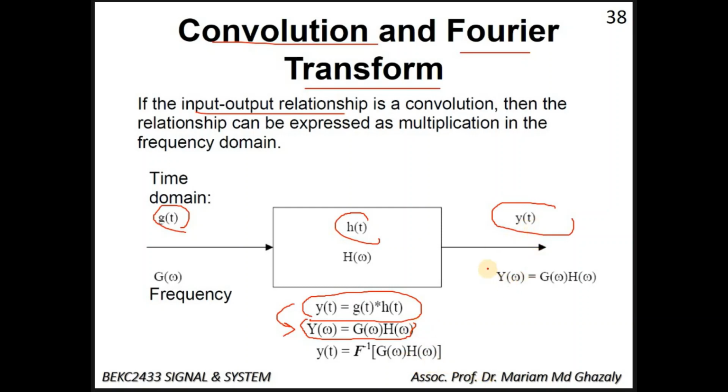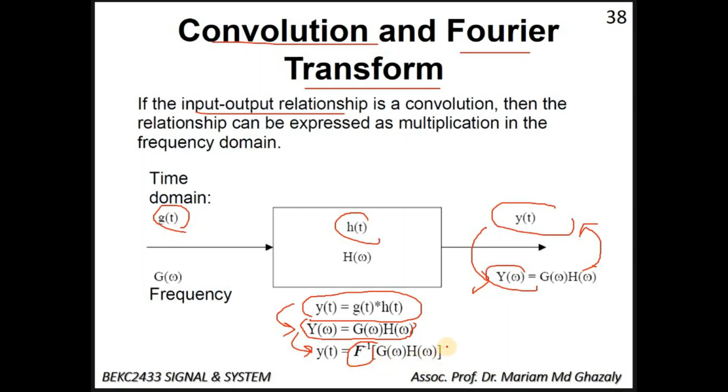Because you converted from time domain to frequency domain, in the end you would like to get the value of the output y in terms of time domain. Therefore you use the inverse Fourier transform to convert from Y(omega) to y(t) again. This F to the power of -1 is the inverse Fourier transform.